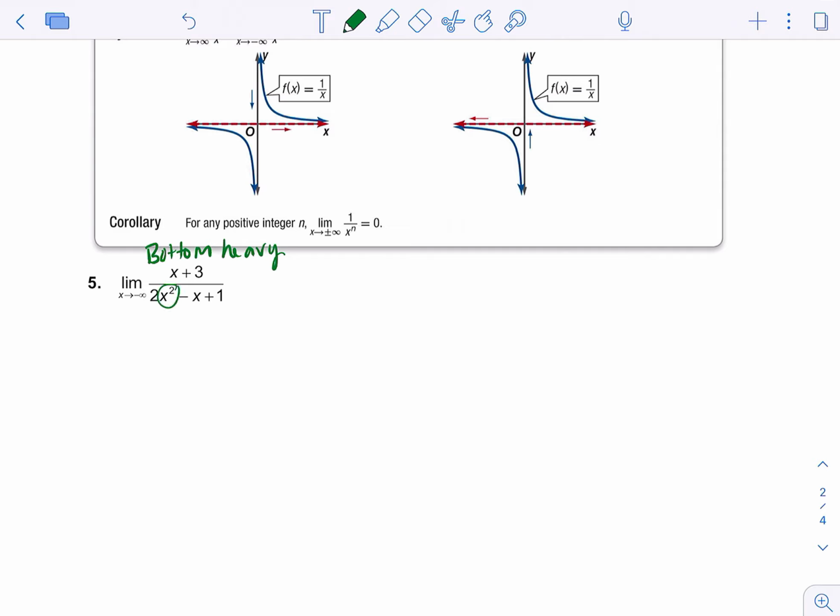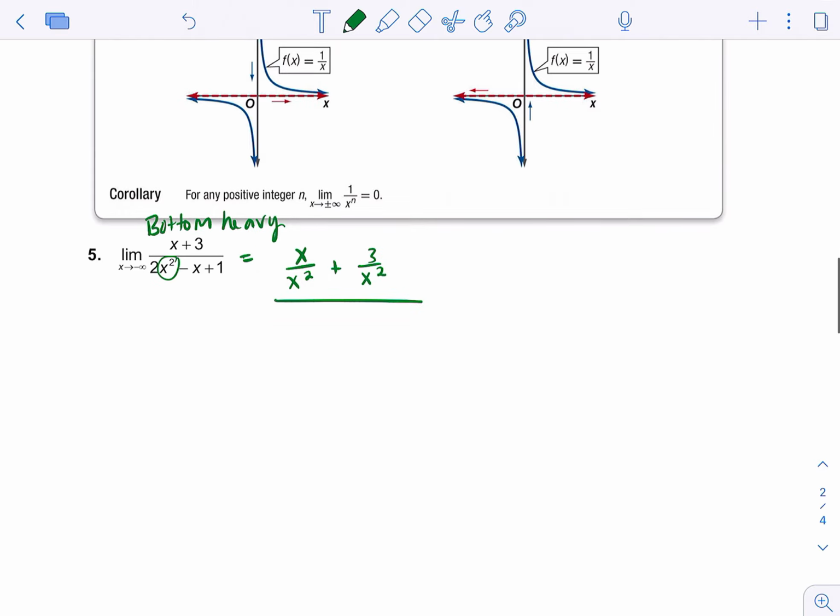So this is just our method that works. So that means x squared. We're going to divide everything by x squared. So this is going to be x over x squared plus 3 over x squared, over 2x squared over x squared minus x over x squared plus 1 over x squared.